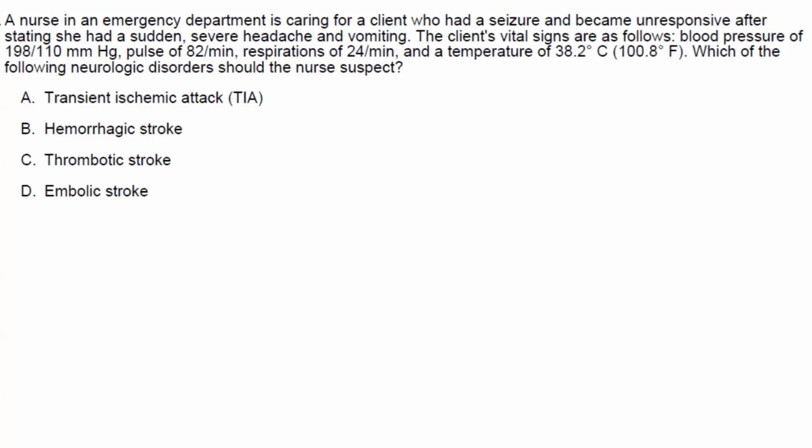So let's just go to the answer first, and I'll explain the rationale behind it. Seizures and became unresponsive after stating the patient had a sudden severe headache and vomiting. When you hear the patient saying this is the worst headache I ever had, that's hemorrhagic.